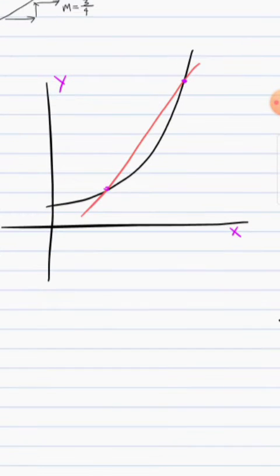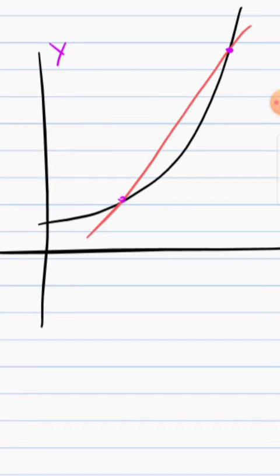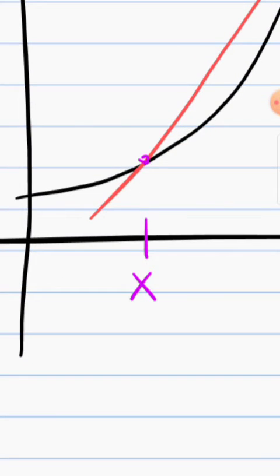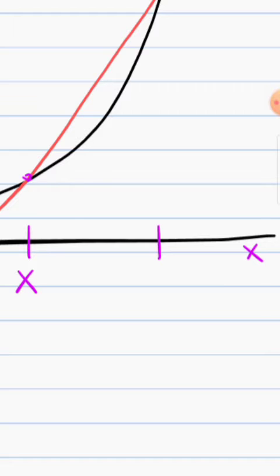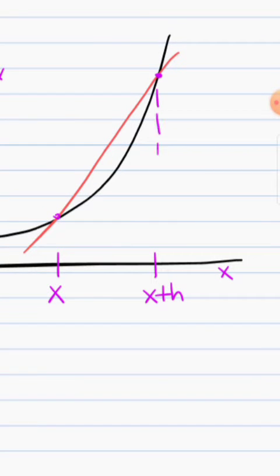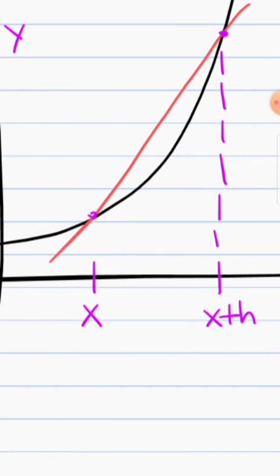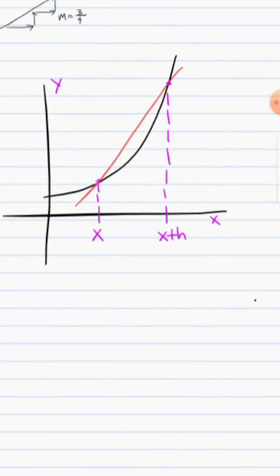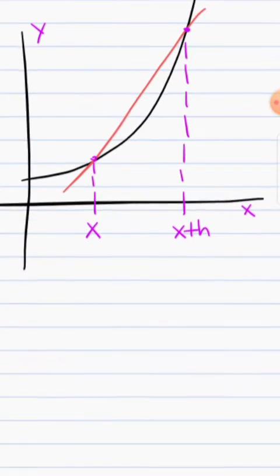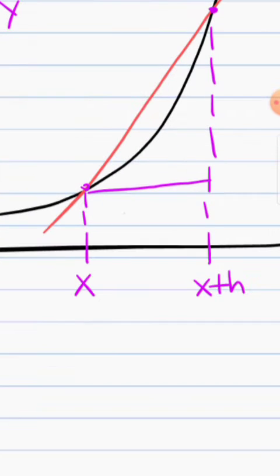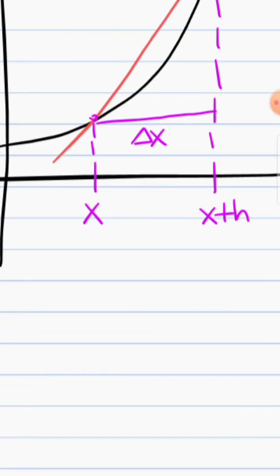So instead of using delta x between this point and this point, we're going to use x on this point, and x plus h on this point. For simplicity, you'll see it later on. The delta x we had a while ago will be equal to h.